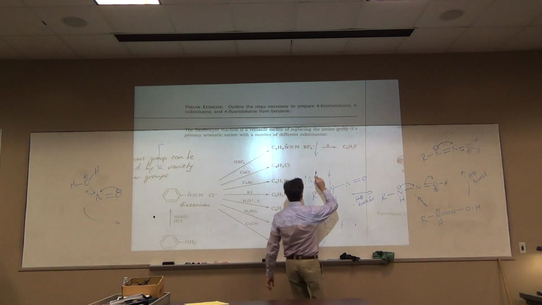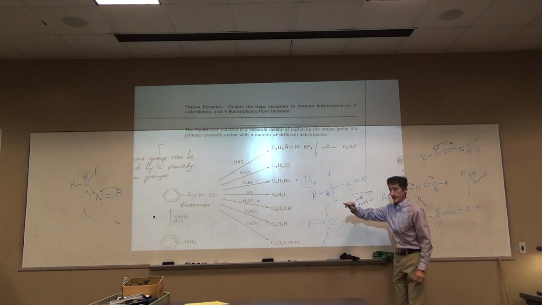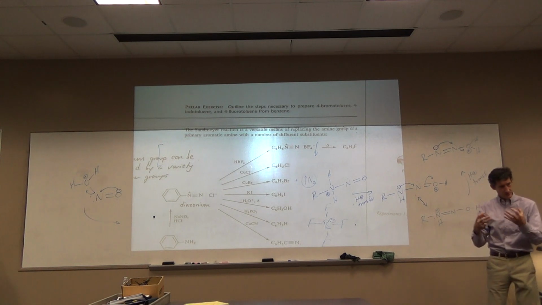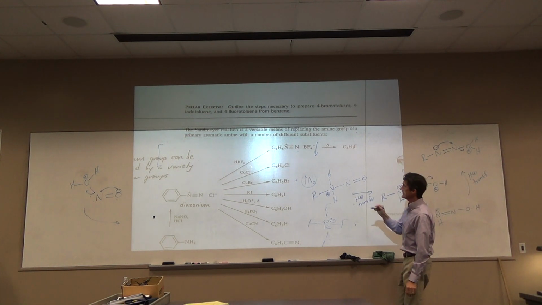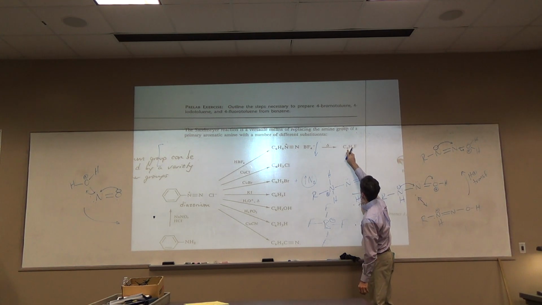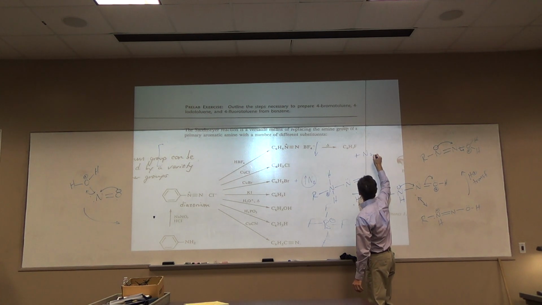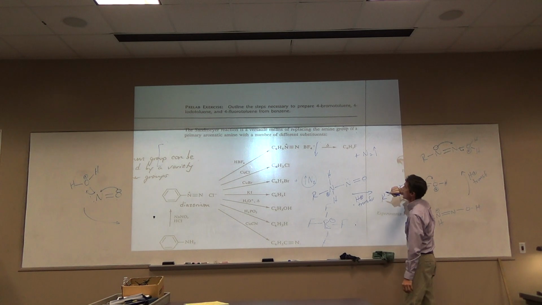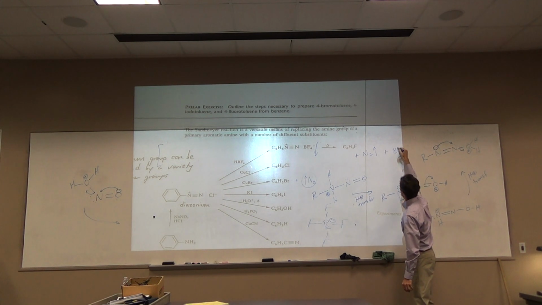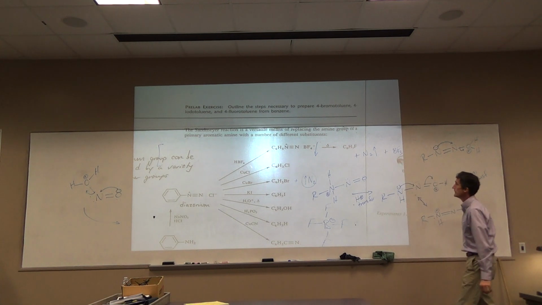But if you heat this in a controlled manner and explode it, but controlled, you will get a reaction. You'll actually get the fluorine bonding to the ring, plus nitrogen gas coming out, plus what? If we just balance that out, BF3.